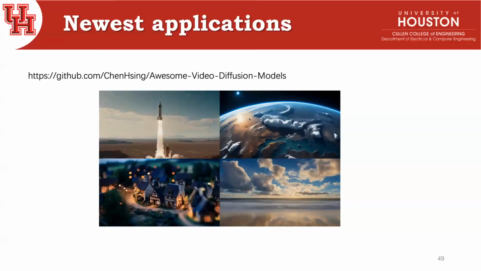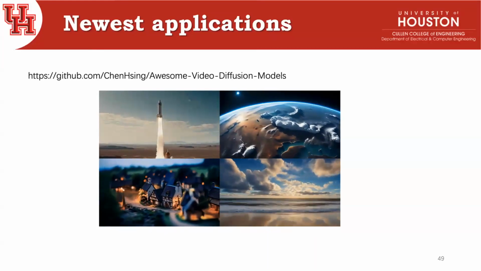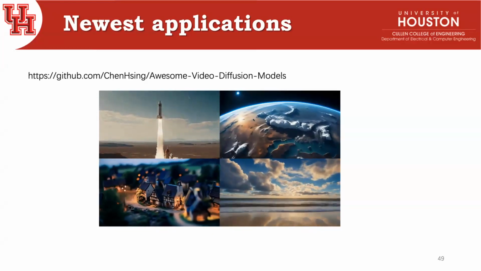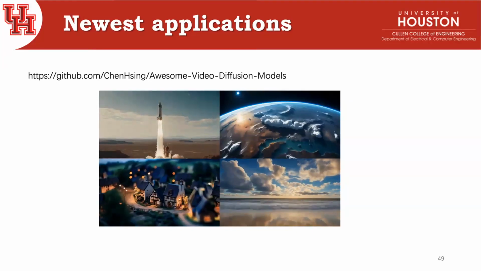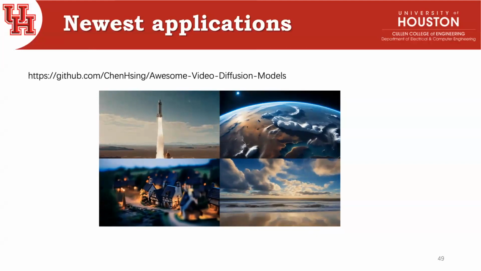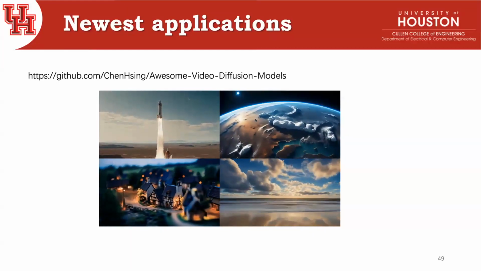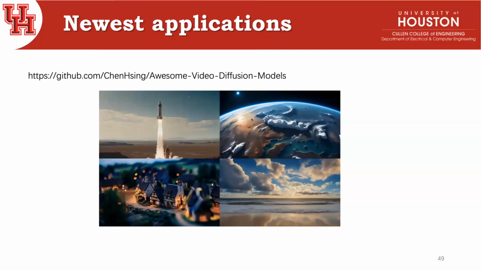And I also want to introduce the video diffusion models. Video diffusion models are actually the newest tools in the diffusion models research area. So they will try to use some text or some pictures to generate, how to say, a moving picture, or just like a movie.